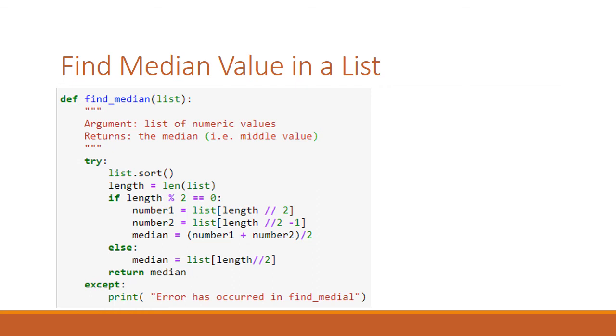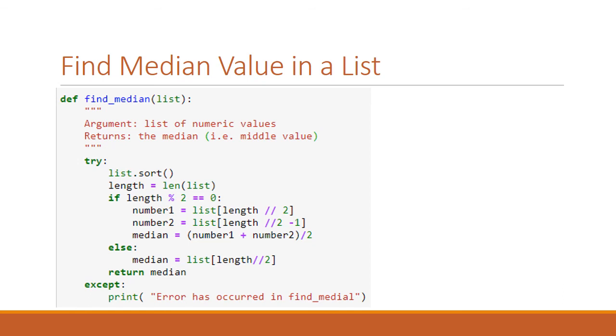The first thing we do is sort our list. We find the length of the list. We determine whether or not the number of elements in the list is even. If it is, we average the middle two values. Otherwise, we return the middle value.